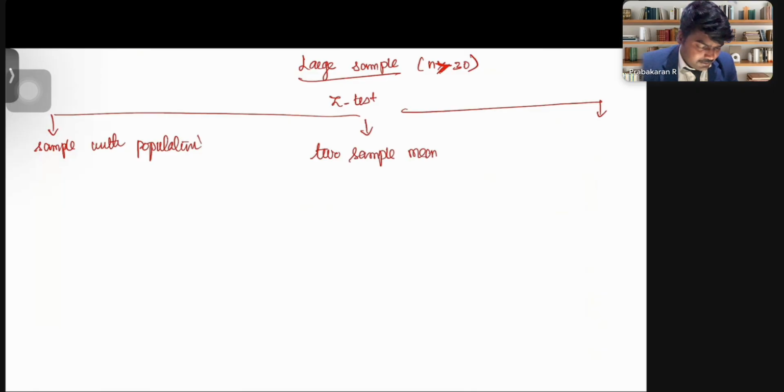Try to remember, we are comparing the sample mean with the population mean, and two sample means, and the third one, as I said, is proportions. In proportions, you can compare a single sample with the population, and the next part is two sample proportions.